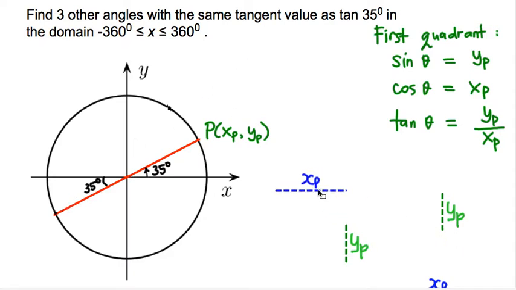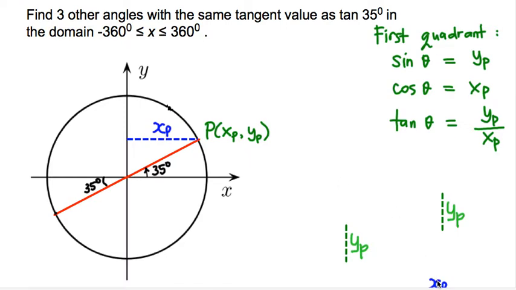Let's say that this is our x coordinates of point P. Here, when you look actually at the reading, it will be somewhere over here. That will be xp. So the length of this blue line is actually equal to xp.